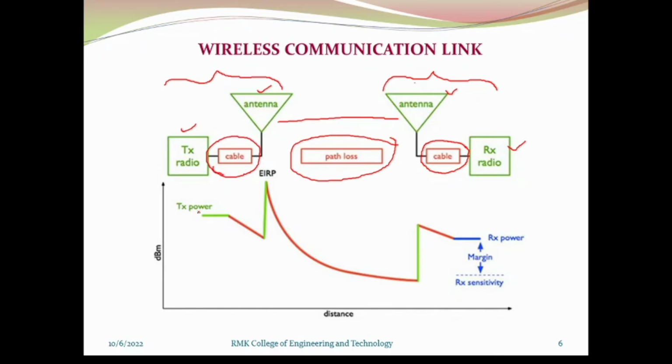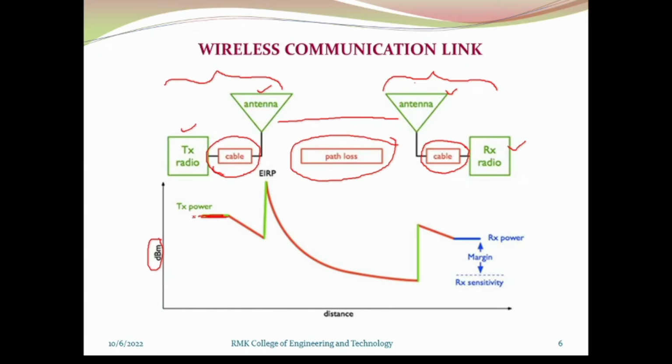And see here, this curve tells us about the power distribution in dBm with respect to distance, right? Now see here, all the green lines, or power levels, are gains, and all the red lines are losses. So this green line is the transmitting power.